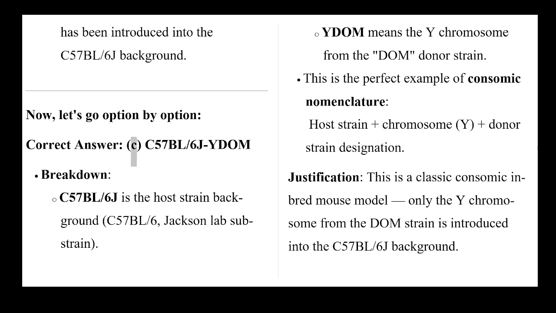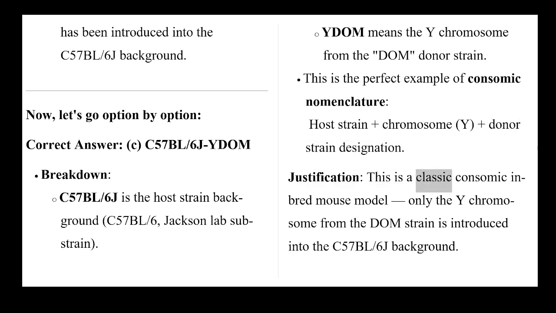Correct answer, C, C57BL/6JYDOM. Breakdown: C57BL/6J is the host strain background, the Jackson Lab substrain. YDOM means the Y chromosome from the DOM donor strain. This is the perfect example of consomic nomenclature: host strain plus chromosome Y plus donor strain designation.